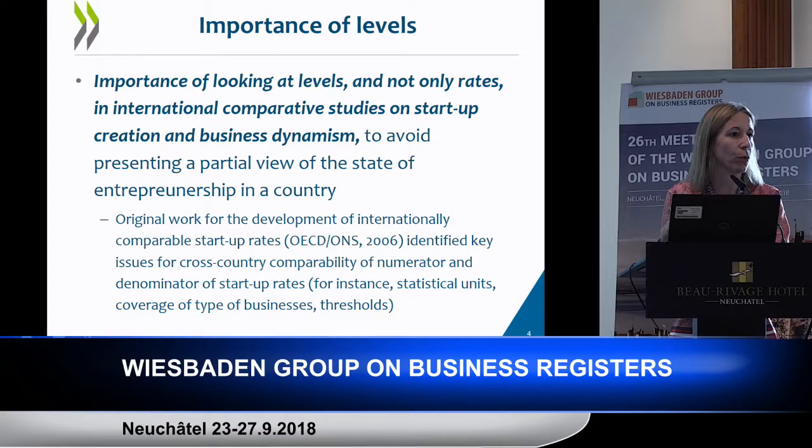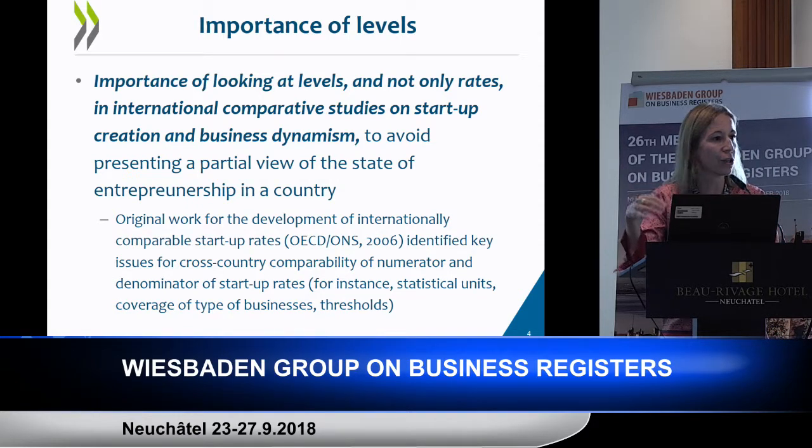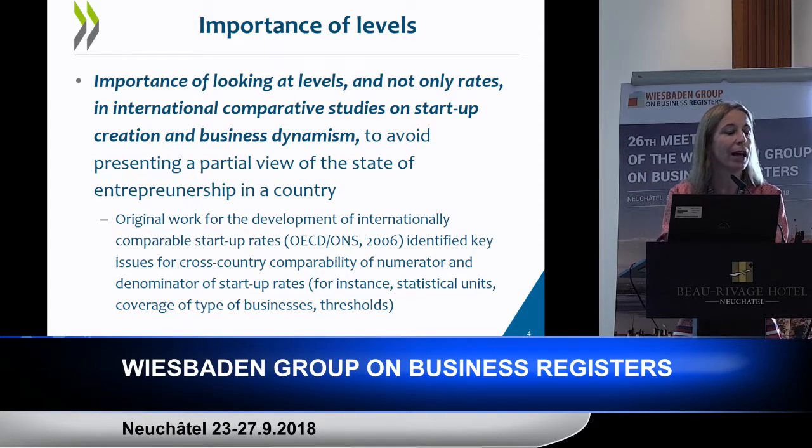So the reasoning was, at the numerator, we should make sure that all the countries have real births and not some countries real births and others entries creation that include other events. And the same for the denominator, where the concern was about ensuring that the population considered as denominator was the same across countries.